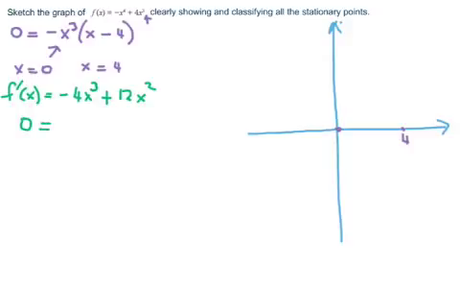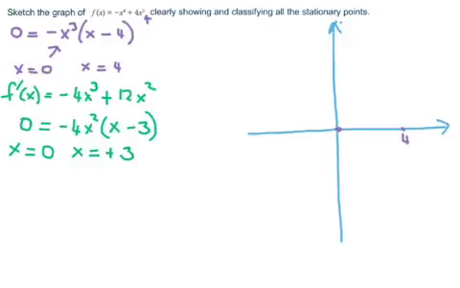I'm going to take out negative 4x squared, and that gives me times x minus 3. So my important values, my stationary points for my derivative, are x equals 0 and x is equal to positive 3.